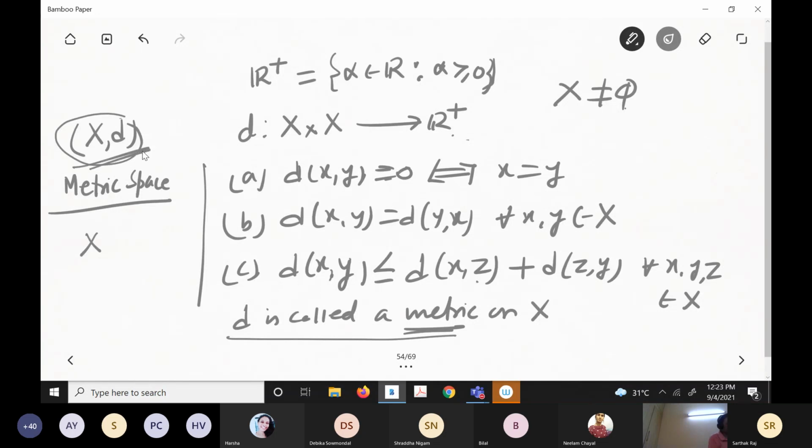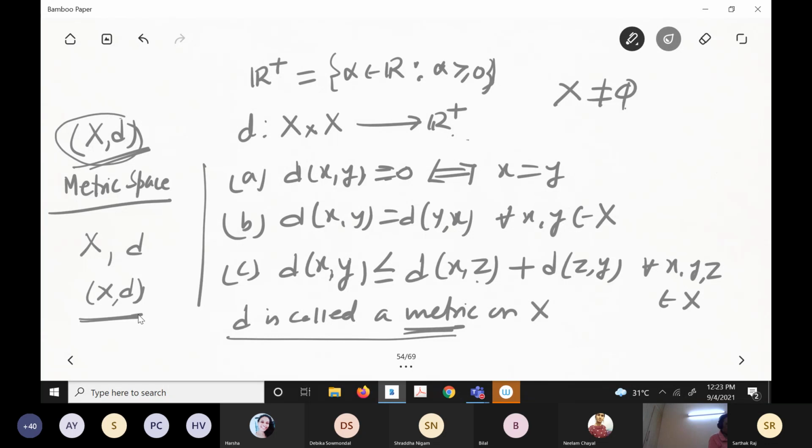So that (X, D) is a metric space while X is a set and D is a metric on that. So there are three things: X, D, (X, D). When you write this way, that is actually the complete description of the metric space (X, D).